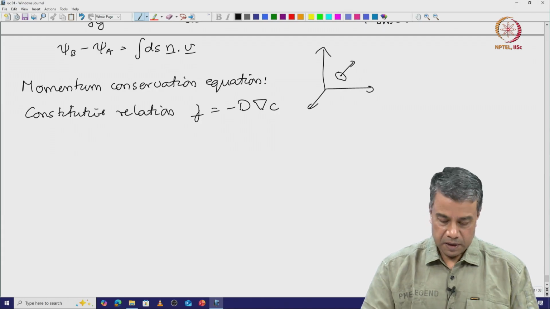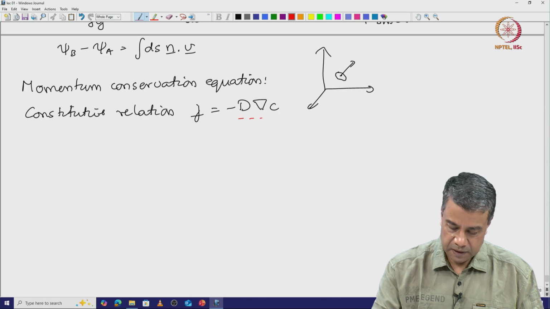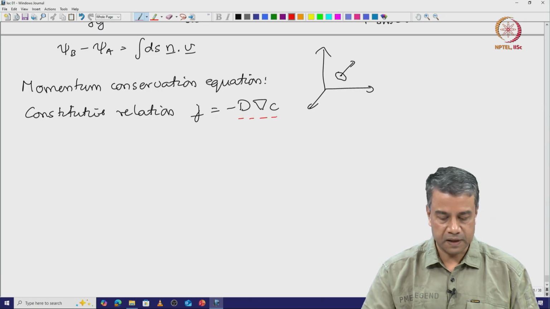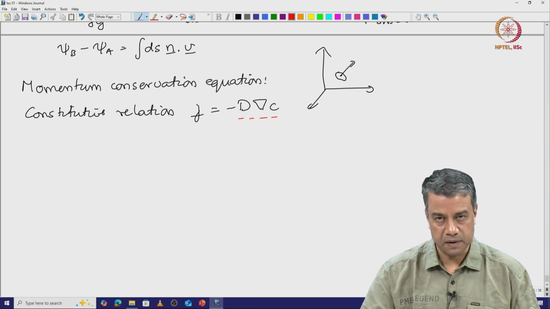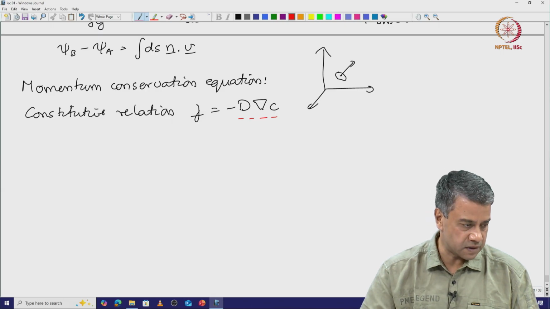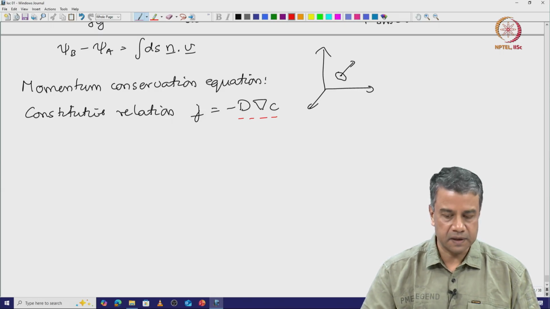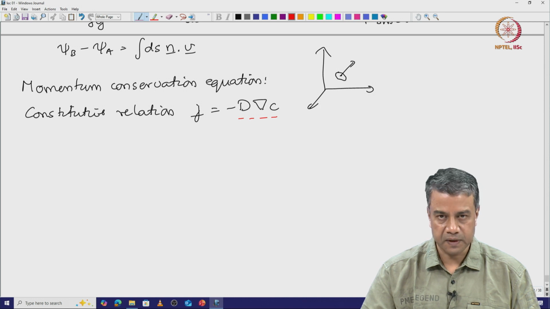So, at any point this is uniquely defined. The gradient of the concentration is a uniquely defined vector at each point in the fluid. Okay.